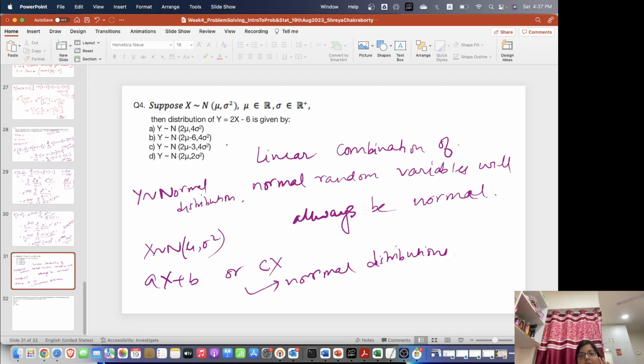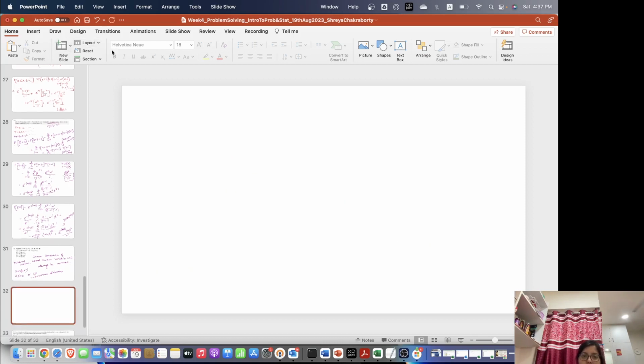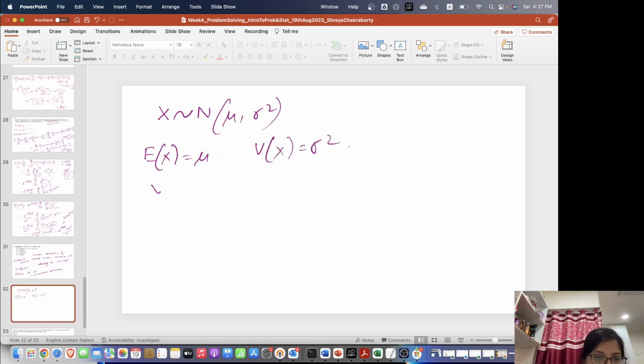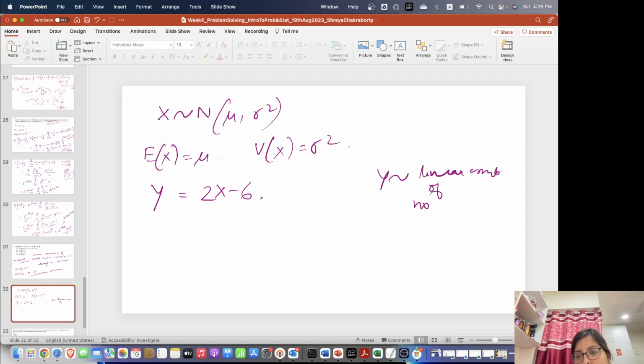Now for expectation and variance, we are going to use the properties that we discussed a couple of classes ago. So here we have X follows normal, what was given, mu and sigma square. Expectation of X is mu, variance of X is sigma square. Y is 2X minus 6. So we know Y, since it's a linear combination of a normal variable, is also normal.